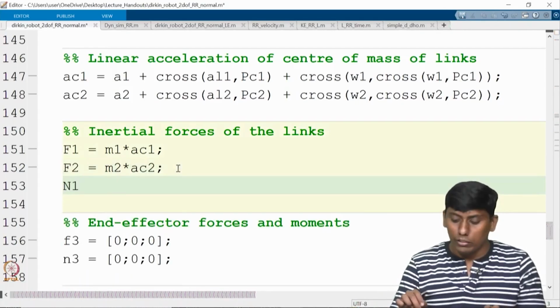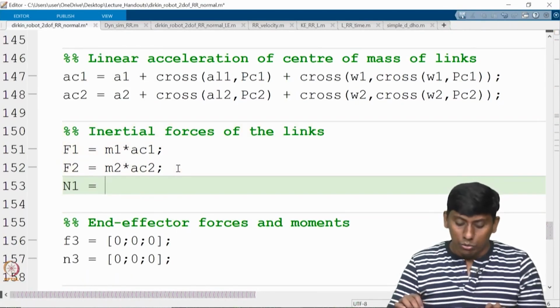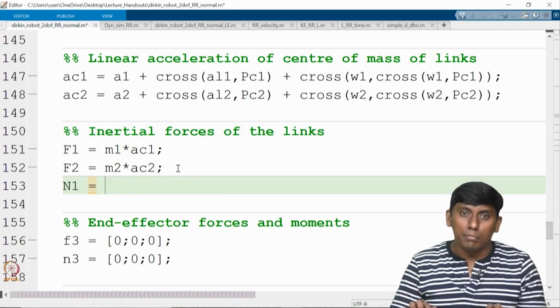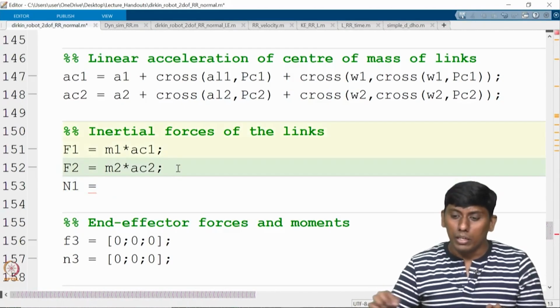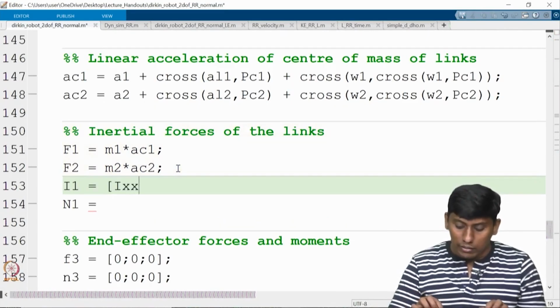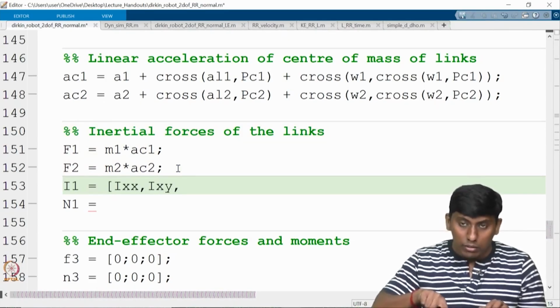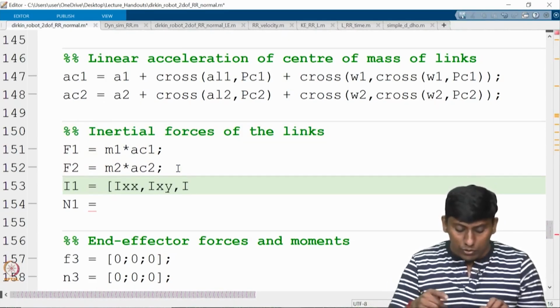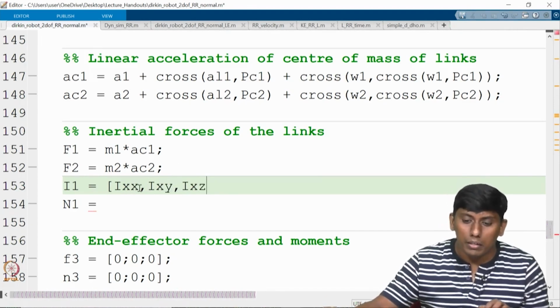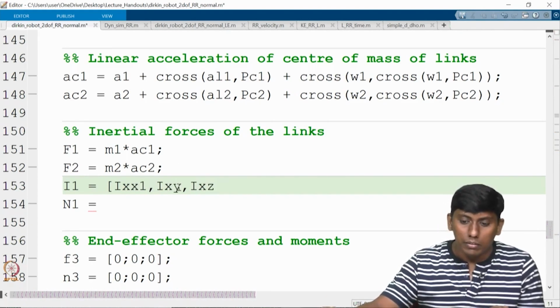So in the sense, what is the inertial moment? You can write I. So I here is the bigger matrix. I can write I1 as IXX, IXY, and IXZ, and since it is a 1, I will write it 1.